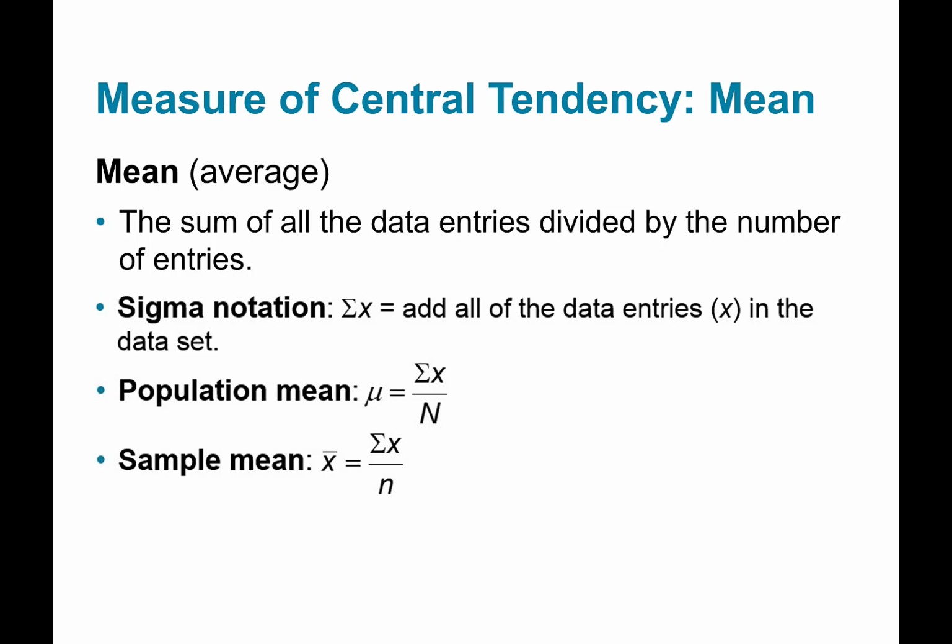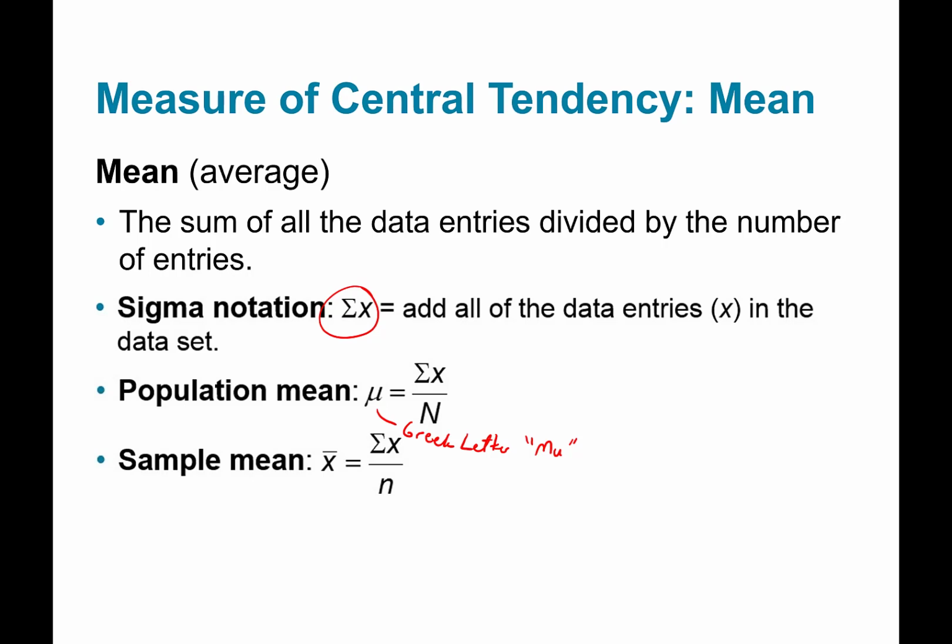A lot of times you're going to see me use this sigma notation with the Greek capital letter sigma. When I write sigma x, I'm saying add up all of the data entries, all of our x's. So to calculate our mean, if it's the population mean mu, notice I'm using the Greek letter mu to represent the parameter.